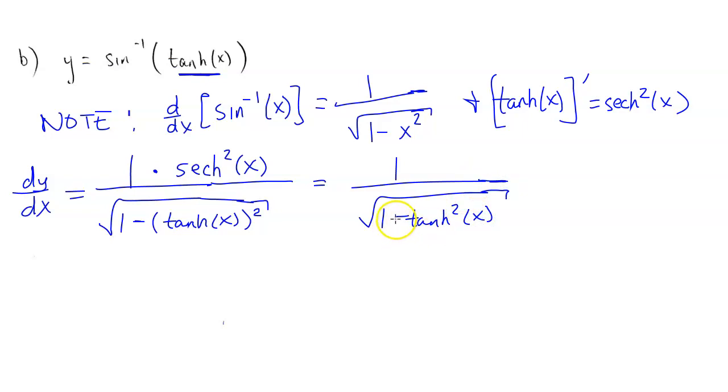Here, we recognize that 1 minus tangent hyperbolic squared is an identity. And so I'm going to derive it here just so you can see that. We know that cosine hyperbolic squared of x minus sine hyperbolic squared of x is equal to 1.